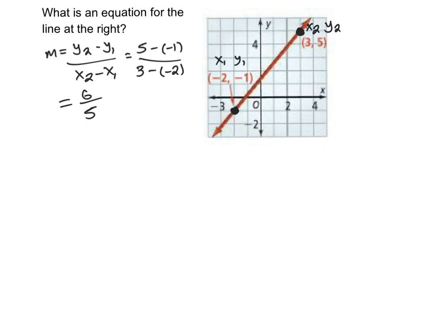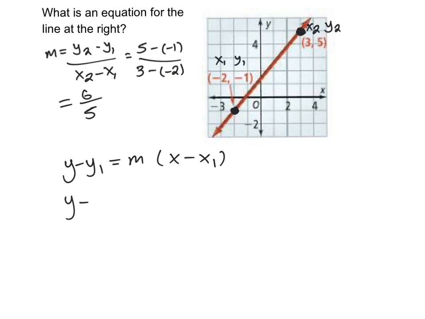And we could use any point here for the point-slope form. So we're going to use 3, 5 because it doesn't have any negatives. So we have y minus y1 is equal to m times x minus x1. Y and x are constant. Our y1 is, well, let's just go ahead and stick with -2, -1.